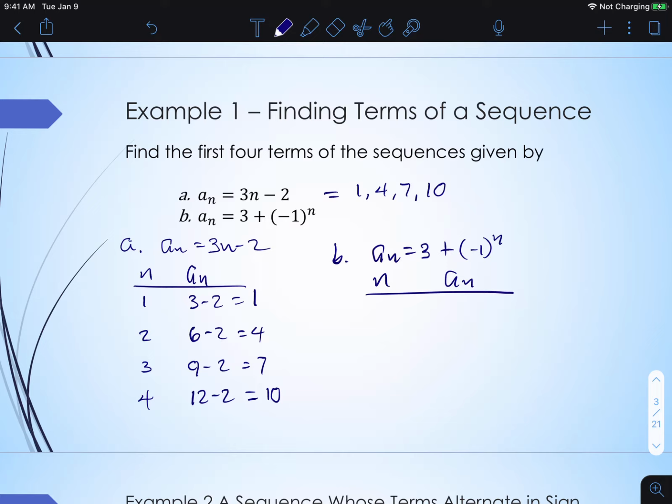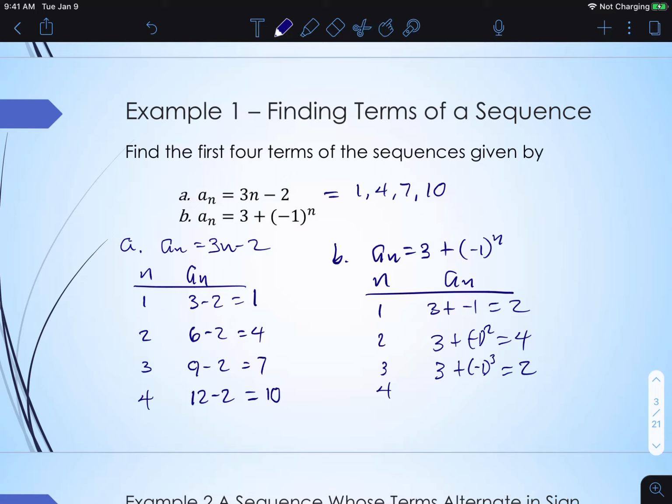Okay, so n is 1, 2, 3, 4. 3 plus negative 1 to the 1 is just negative 1, so that's going to be equal to 2. And then the next one is 3 plus negative 1 raised to the 2, that's positive 1, and so that ends up being 4. Well, watch what happens here. 3 plus negative 1 raised to the 3, well, that's negative 1, so this becomes 2.